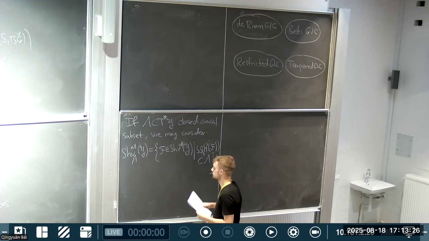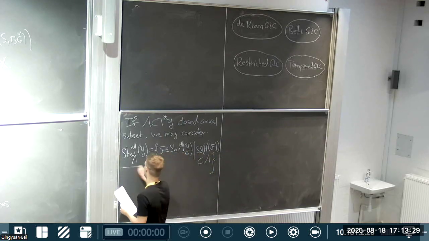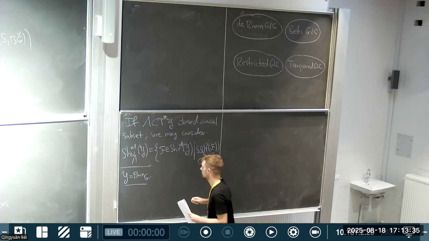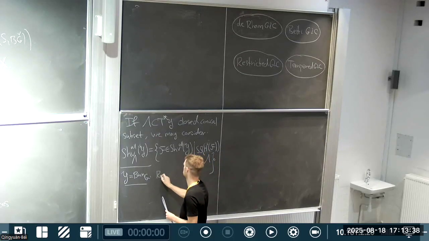Now let's specialize to Y being Bun_G. So let's recall how the cotangent space of Bun_G looks.